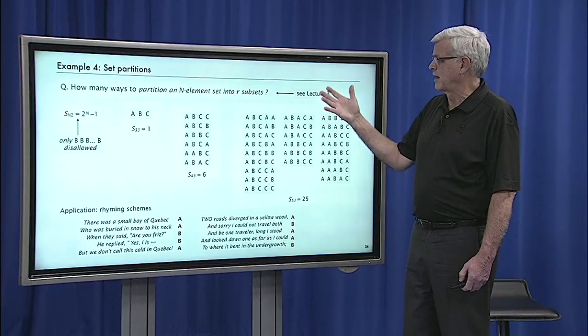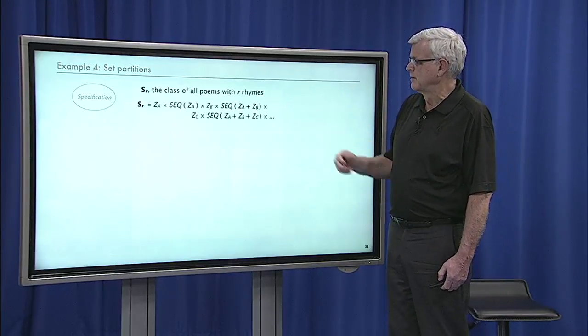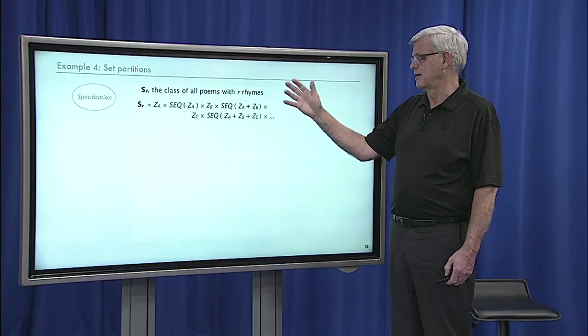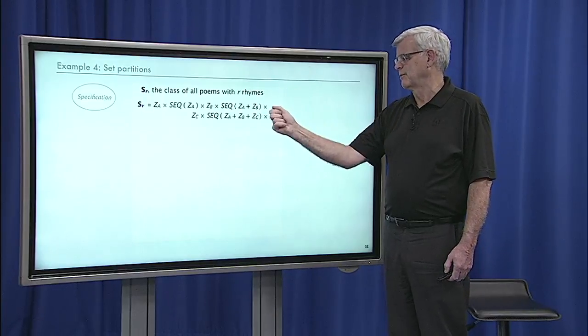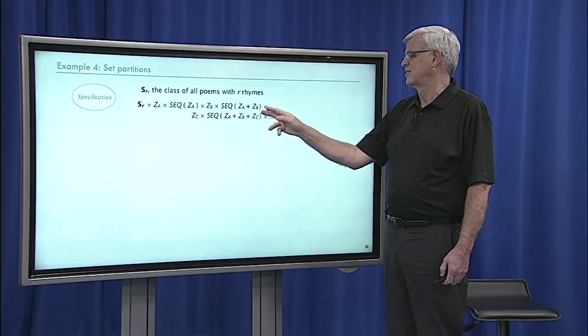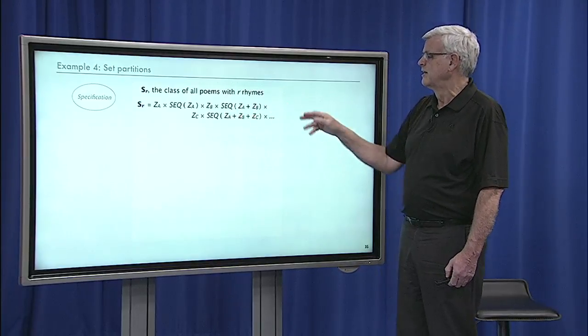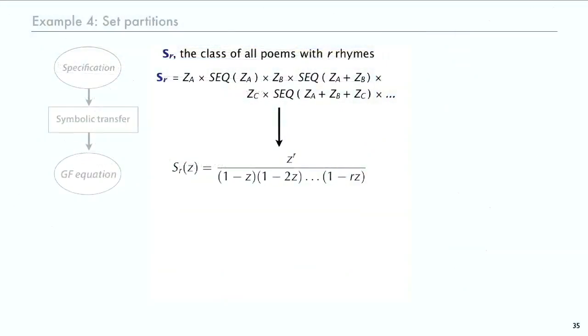So how do we do the asymptotics of this one? Well, we did this combinatorial construction in lecture 3. It's the first times a sequence of them, times the second, times a sequence of both of them, times the third, times a sequence of all three, and so forth up to R. And that immediately translates to a simple generating function.